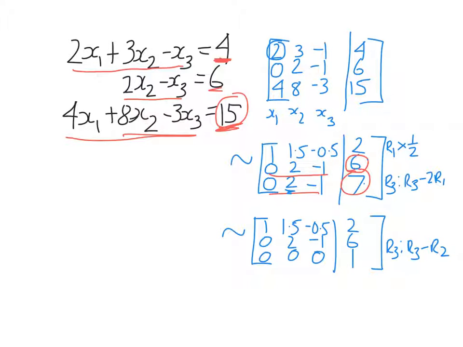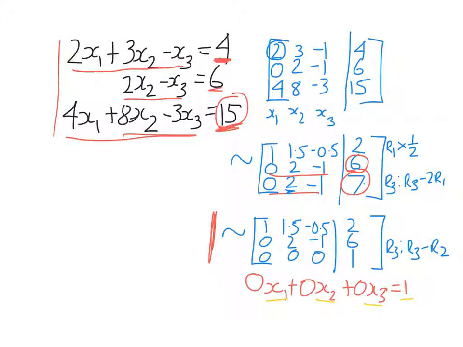What I've actually done is I've taken my original system of equations and reduced it into something that's equivalent. But the third equation is equivalent to 0x1 plus 0x2 plus 0x3 is equal to 1. But that is inconsistent in and of itself. That doesn't make any sense. You can't times any number by 0 plus any number times 0 plus any number times 0 and get 1.